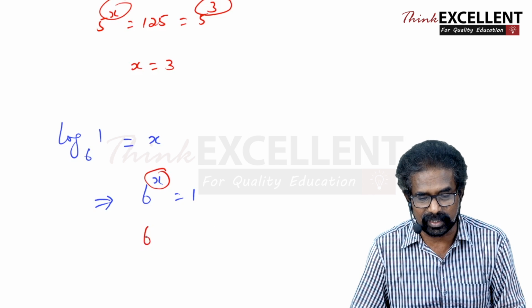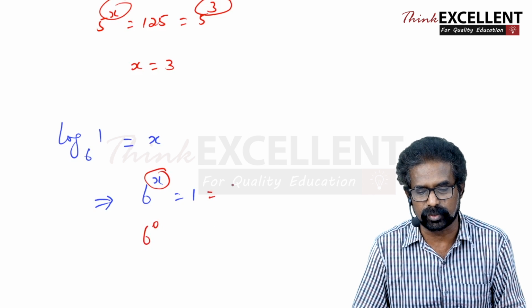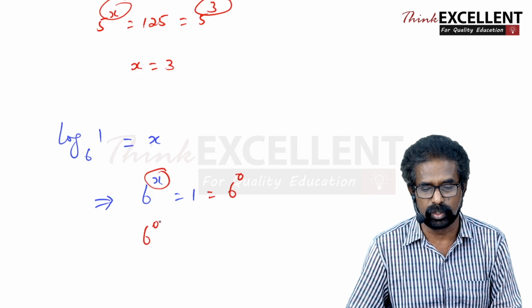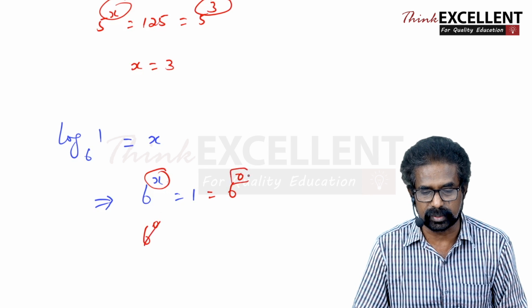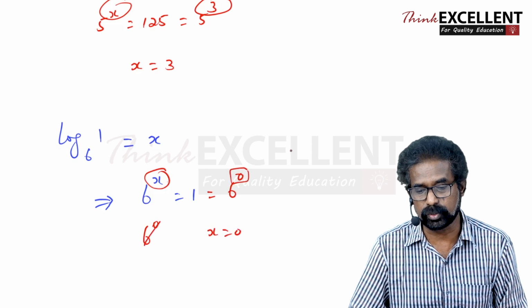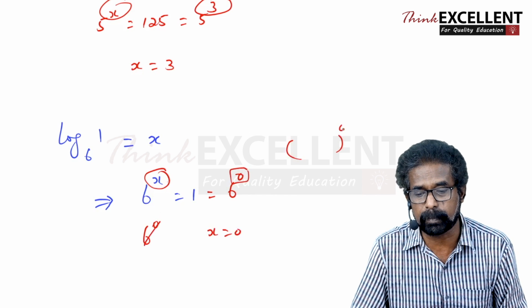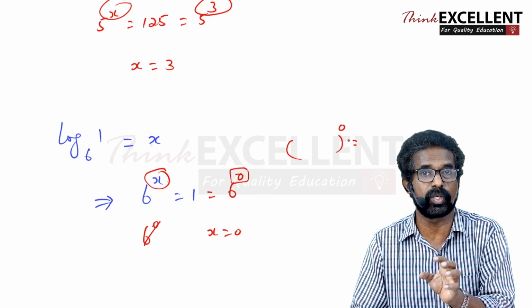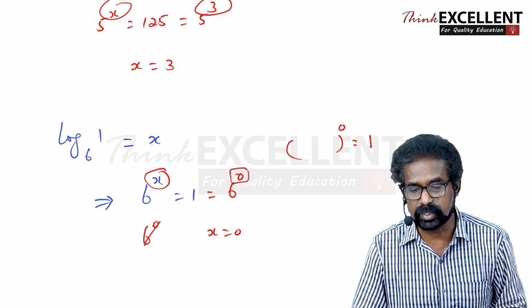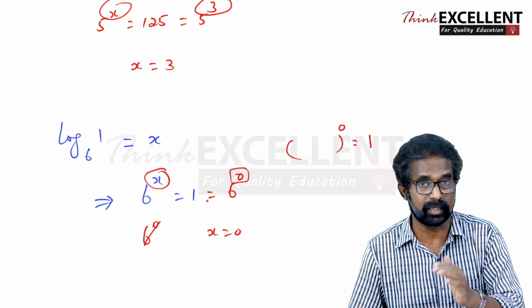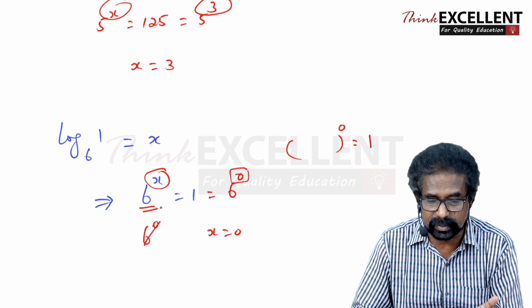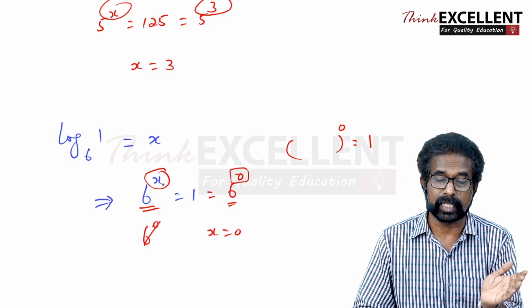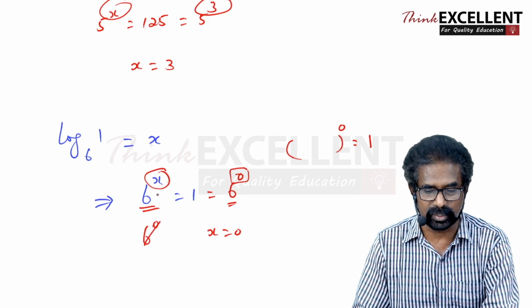Because any non-zero number raised to 0 is 1, so 1 can be written as 6 raised to 0. Because here the base is 6, I am taking 6. So the powers are equal, x equal to 0.